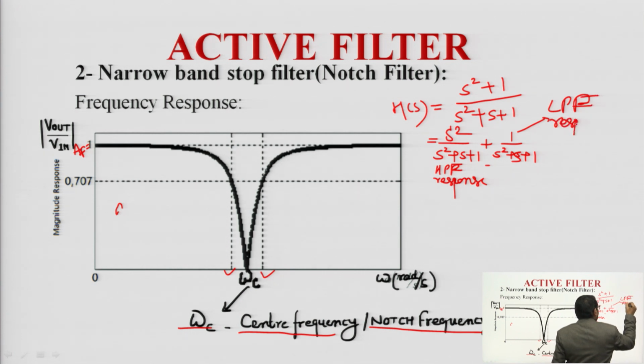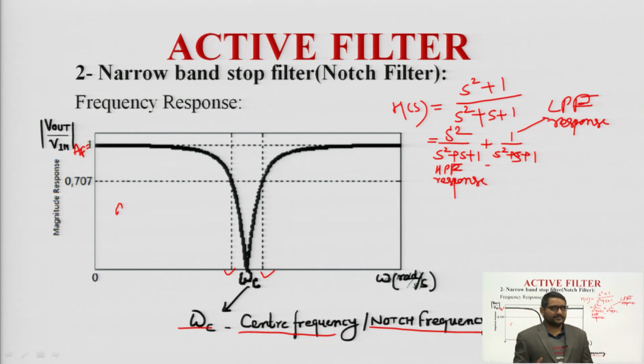Okay. So, basically the transfer function of a band stop filter or a band reject filter is the sum of the transfer function of low pass filter and high pass filter.